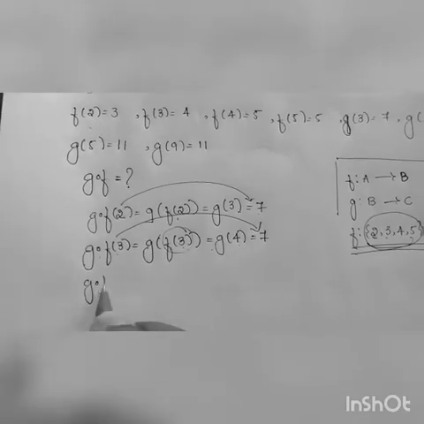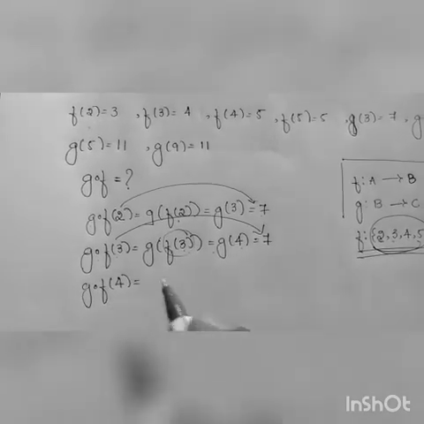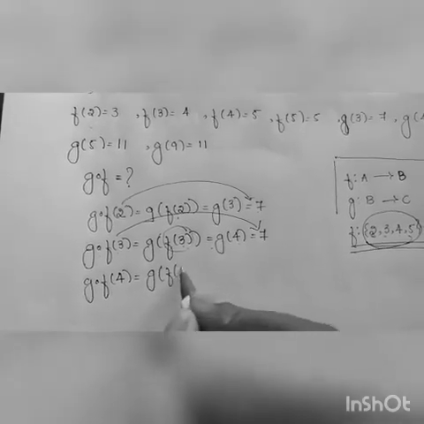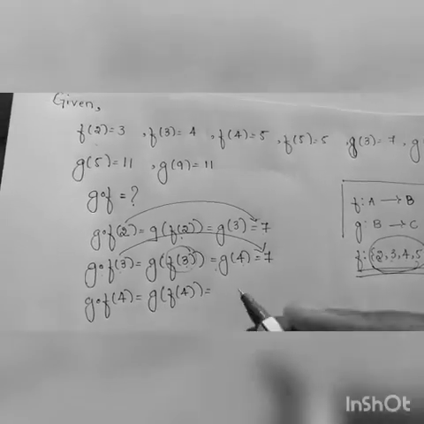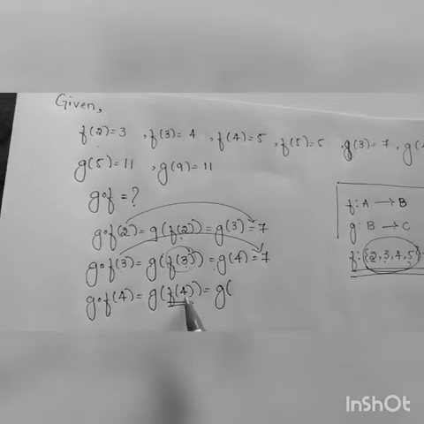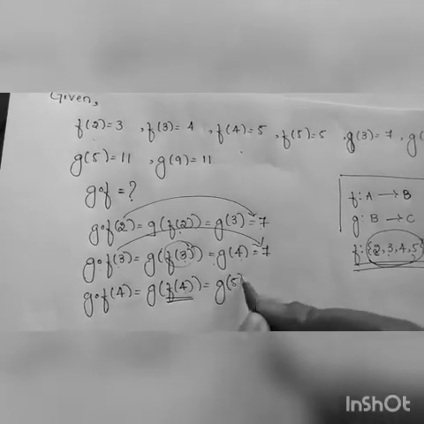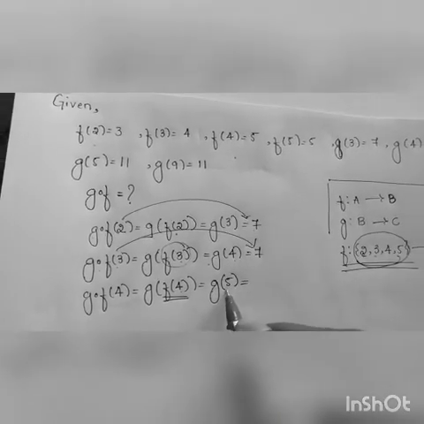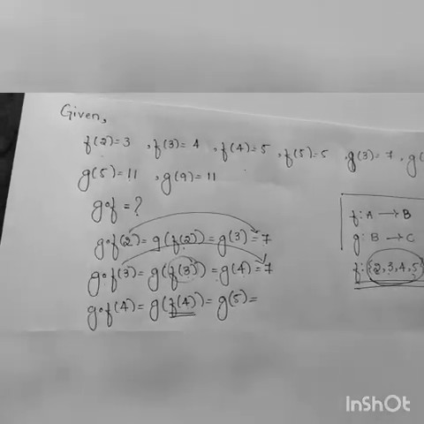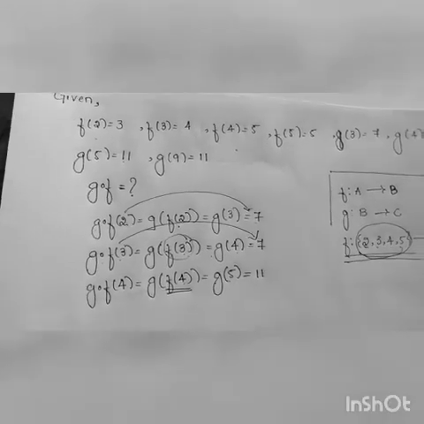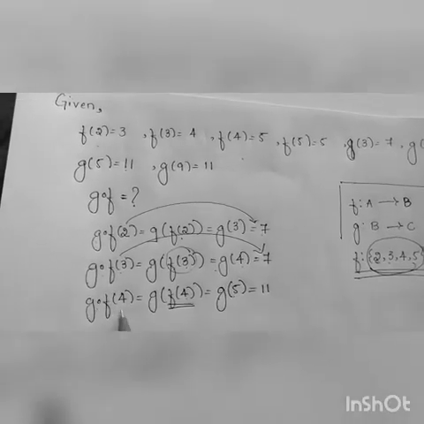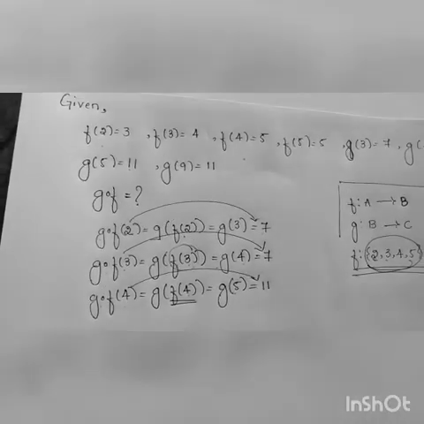Similarly, g(f(4)). What is f(4)? This one first. That is 5, which is already given. Therefore g(5), which is 11. So g(f(4)) is 11.